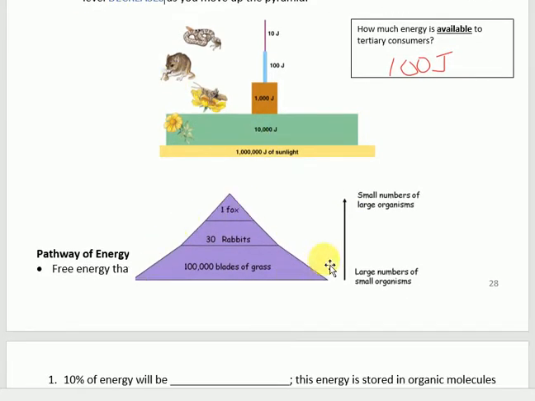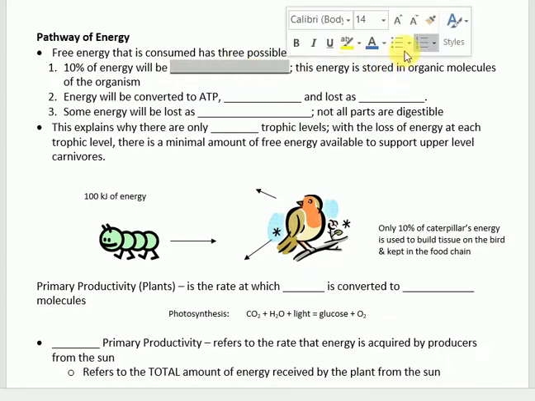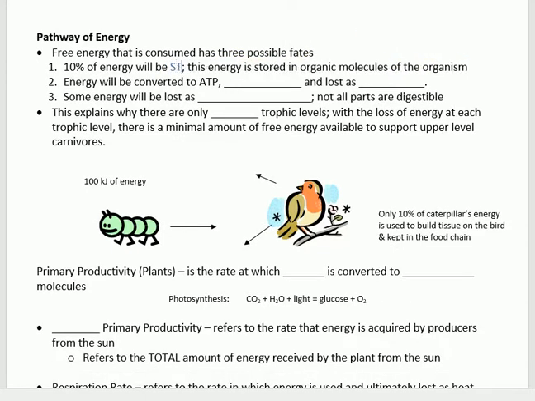And this here is just another example. So the pathway of energy: the free energy that is consumed has three possible fates. 10% of that energy will be stored, and this energy is stored as organic molecules in the organism.